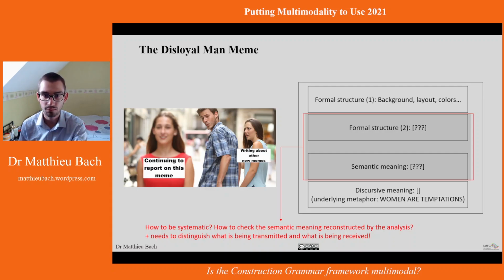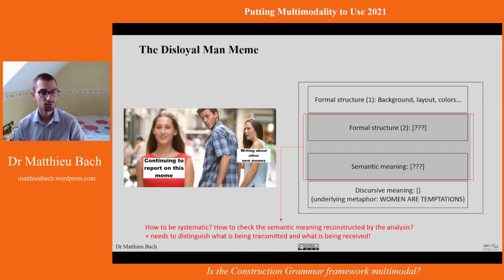Like always, you have a formal structure, a formal multimodal structure with background layout and colors, and for this meme it's really important. Then you have the semantic meaning, and then you have the discursive meaning with the underlying metaphor: women are temptations, and from this cognitive metaphor you generate what you want to say.